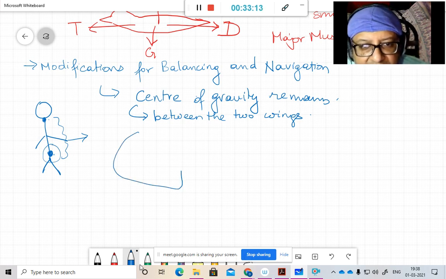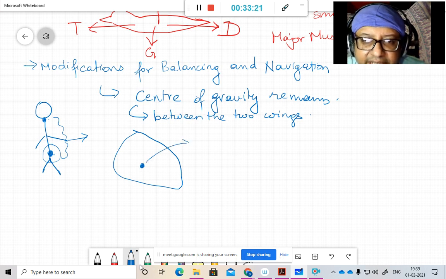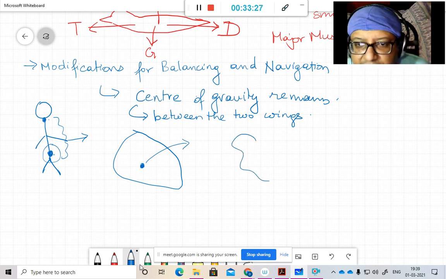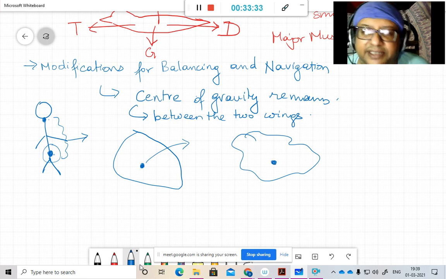If you have a structure like this, the average position where the maximum weight falls is known as the center of gravity, where the maximum power of gravity hits. Say the structure of an object is like this. So you can calculate where the center of gravity stays. That is the point which has to be the hardest or the firmest.